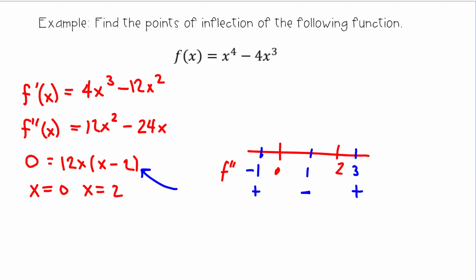So the graph changes concavity at both 0 and 2 because f double prime changes signs.